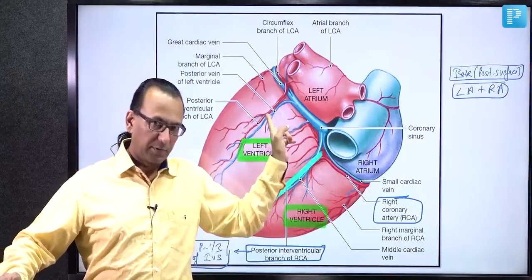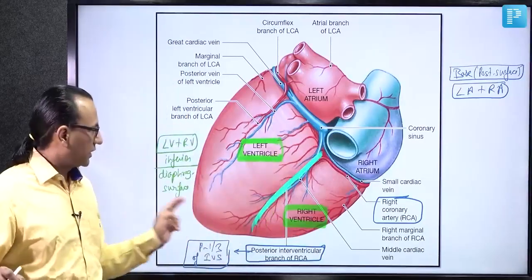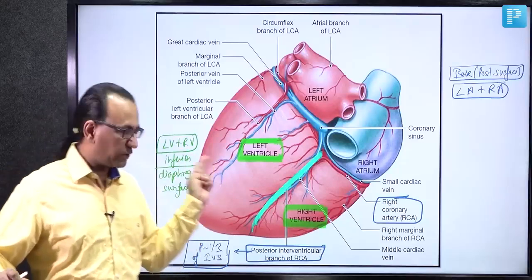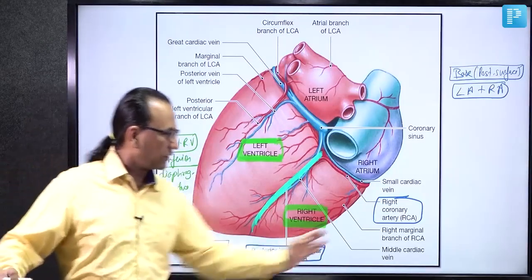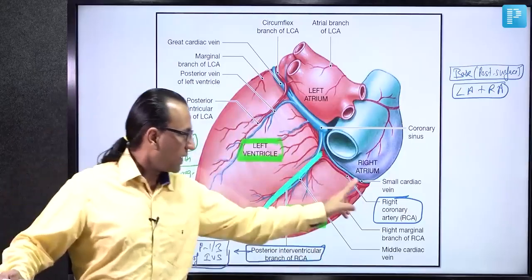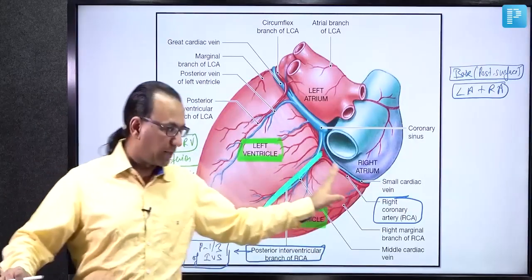And as we suggested, it is the left ventricle chiefly plus the right ventricle together forming the inferior diaphragmatic surface, on which you find this artery running, the PIVA.